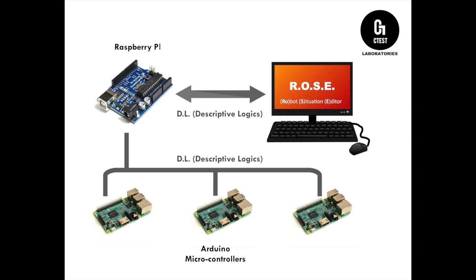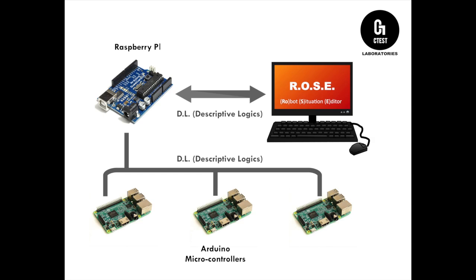It's a piece of software that lets us enter and model the task that we want the robot to do and the environment that the robot is in. Okay, and that is going to run on a computer. Most of the time we have ROSE running on a laptop, and it can run on a laptop. It doesn't need a supercomputer or cluster or anything, at least not for this level of problems that we're having here.